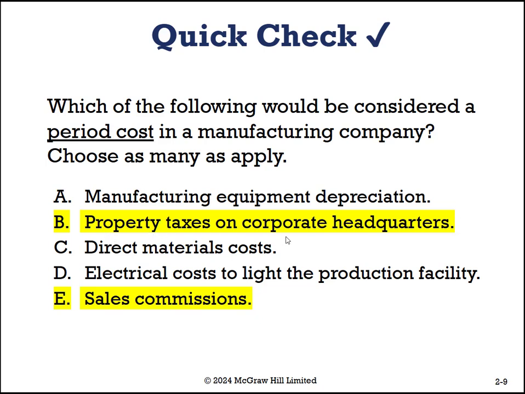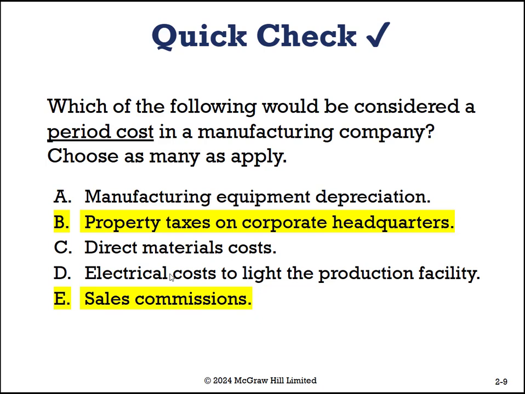Property taxes on corporate headquarters. Aha! It's a period cost because it's going to be related to all the products. It has to do with the general running of the business. Nothing tied directly to a product. Therefore, it's going to be a period cost and expensed immediately. Okay. Direct material costs. This has to do directly with the product as such. It's a product cost, not a period cost.